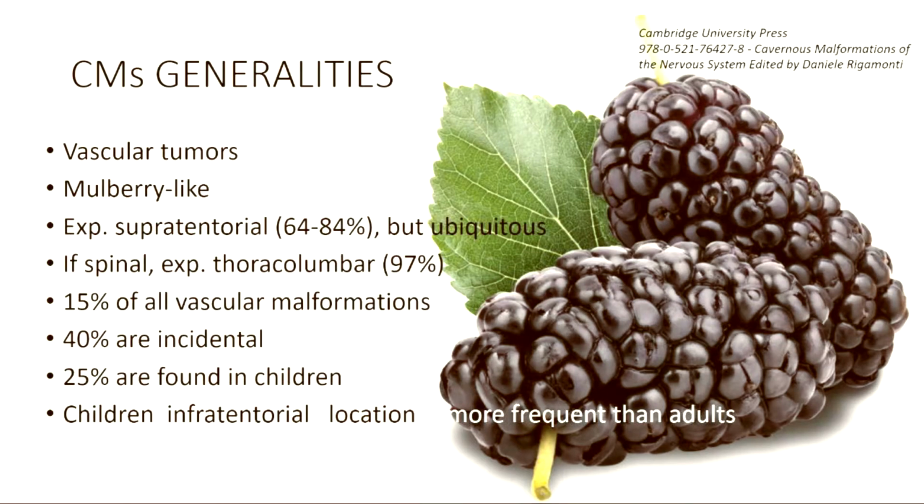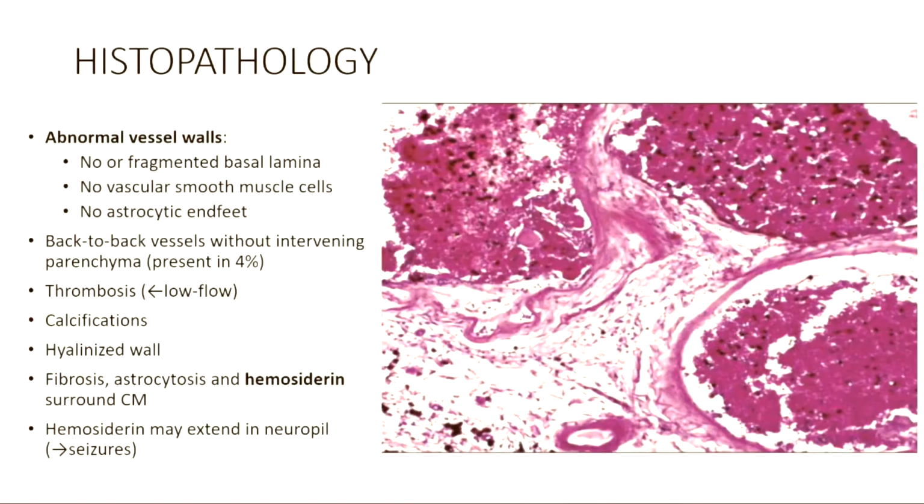Histopathologically, the distinctive feature is the presence of abnormal vessel walls. No fragmented basal lamina, no vascular smooth muscle cells, no astrocytic end feet. There are essentially back-to-back vessels with no intervening parenchyma, even if parenchyma is present in a very small percentage of cases.